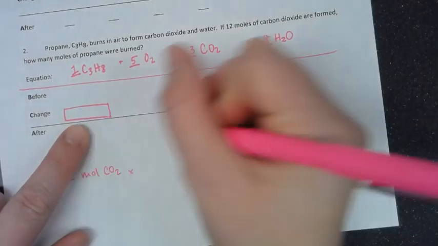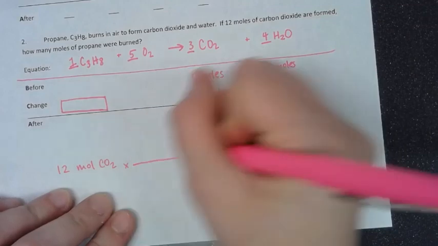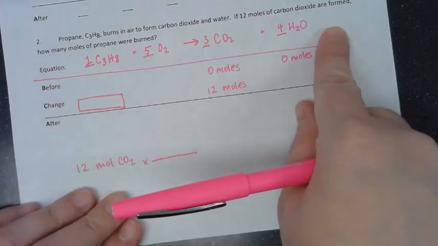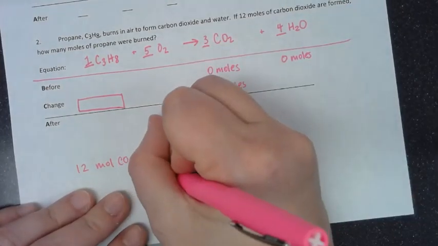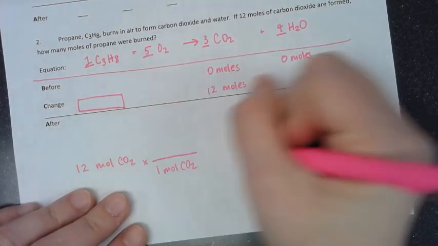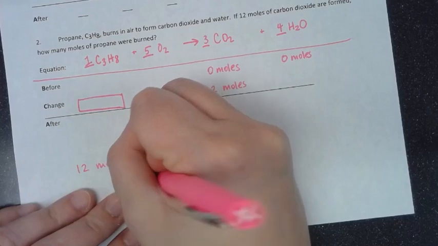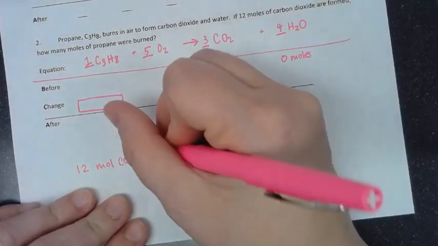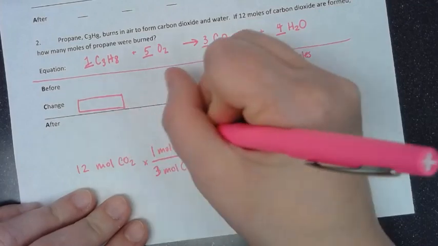And so to do that, I'm going to make a conversion factor using my balanced equation. And I know that for every 3 moles of carbon dioxide that I produce, I have to burn 1 mole of propane.